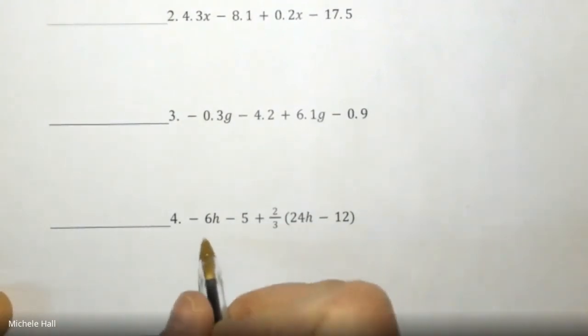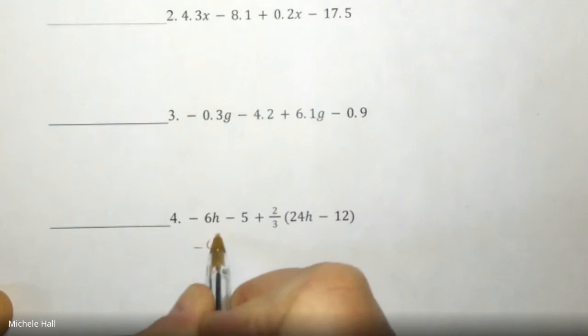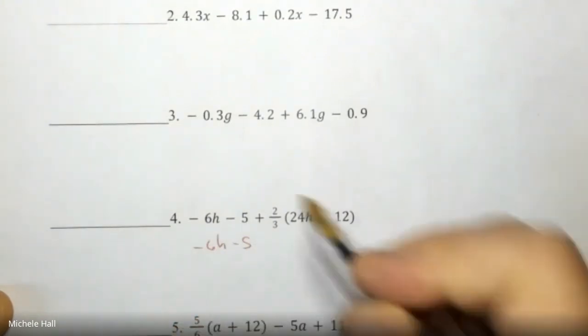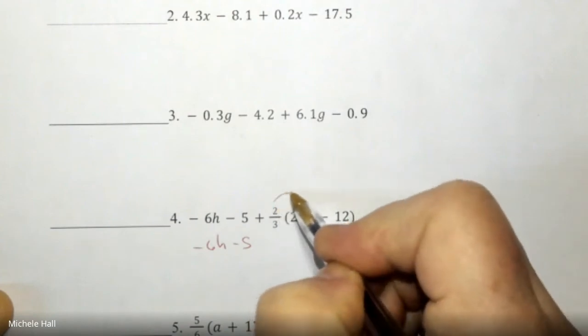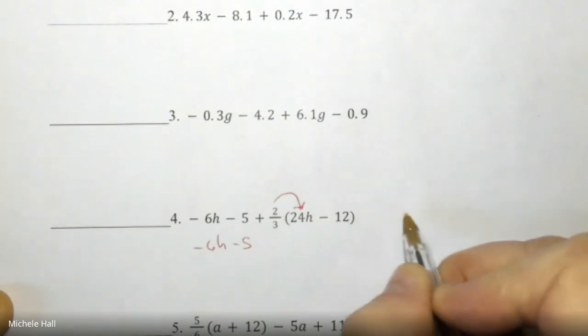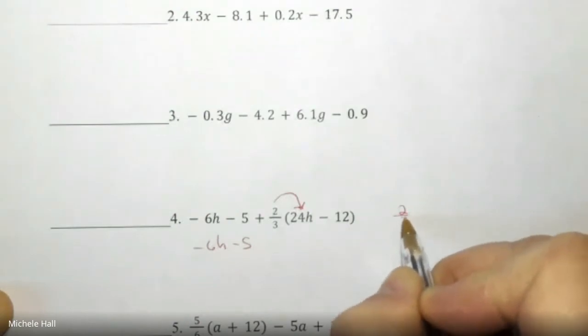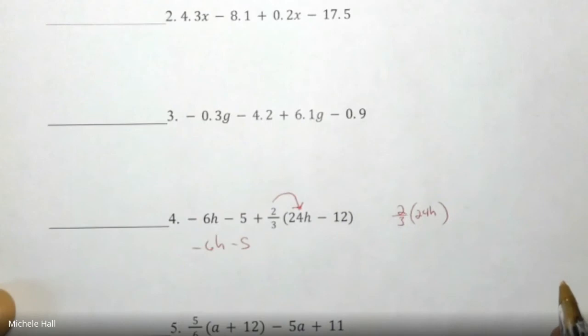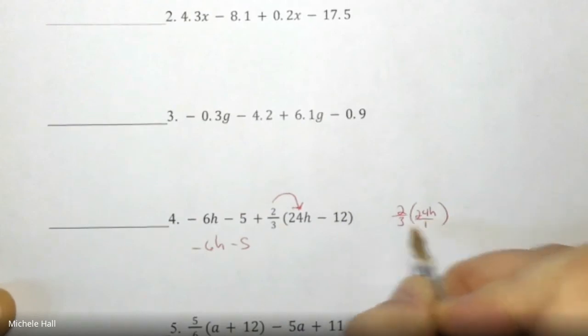I'm going to bring down the negative 6h that I'm not using yet, the negative 5, and I'm going to start with 2/3 times 24h. I make 24 a fraction because I'm multiplying.